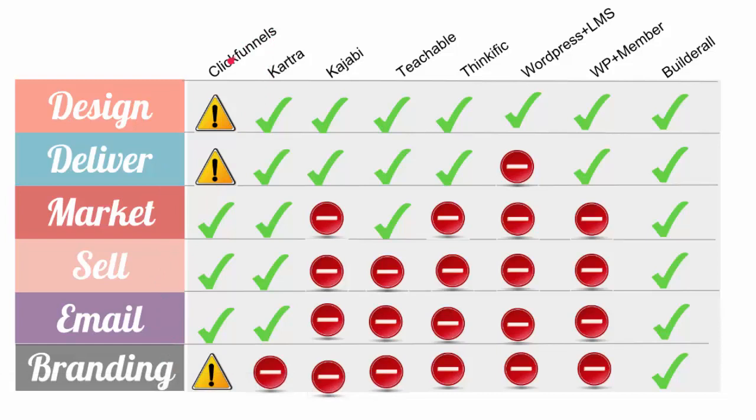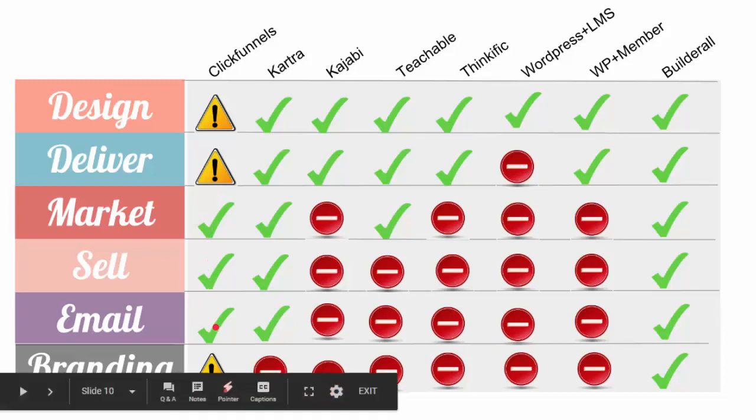Probably one of the most common ones for the marketing and sales piece is going to be Clickfunnels. Clickfunnels is actually improving on the designing and the delivering part. They do have a membership area. It's not fantastic, but I think they're improving it. Clickfunnels is tremendous at the marketing and selling part, and they also have an integrated email autoresponder at the higher price point.